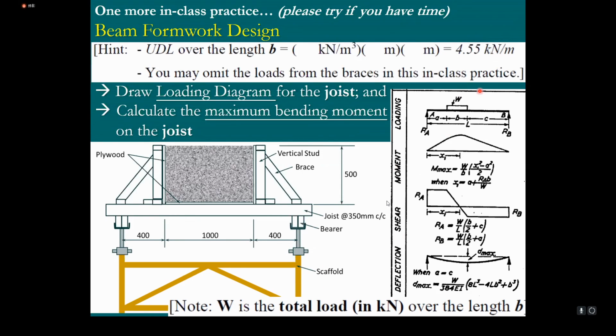So you have to work out the value of the total load by using UDL times B to find the value of W in kilonewton, and then substitute the value of W into this formula to determine the maximum bending moment. Okay, that is this one.